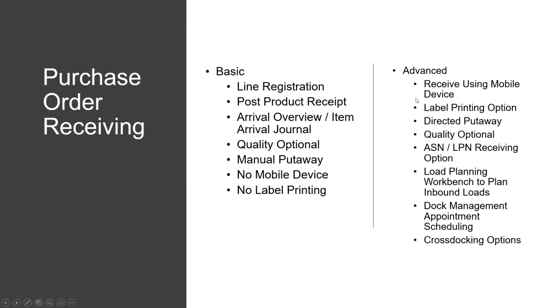And again, the advanced is using mobile devices, whereas the basic, the out-of-the-box standard inventory control, purchase order receiving, there's no label printing and there's no mobile devices or scanning.